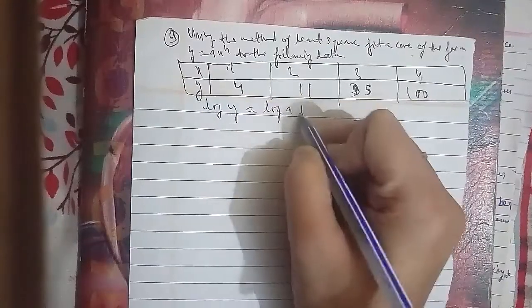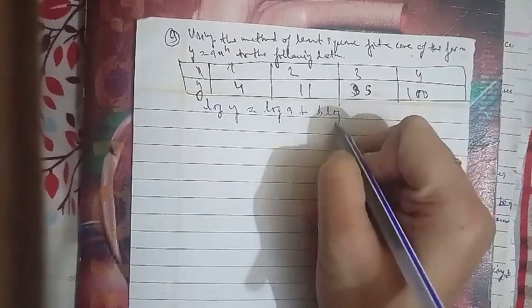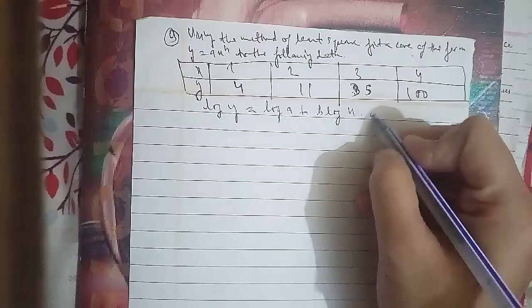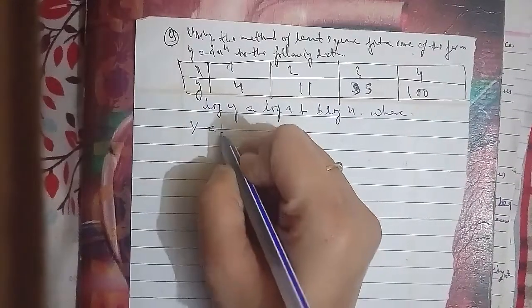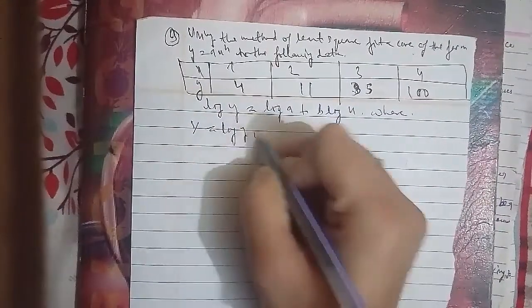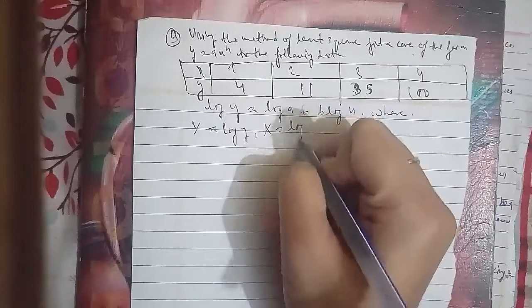The table has columns xi, yi, Xi equals log xi, Yi equals log yi, Xi square and Xi Yi.